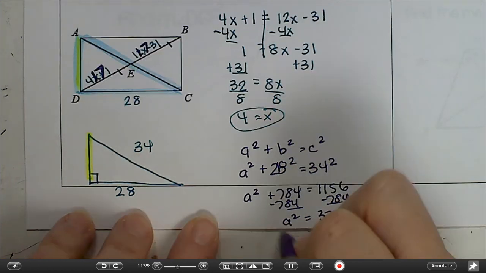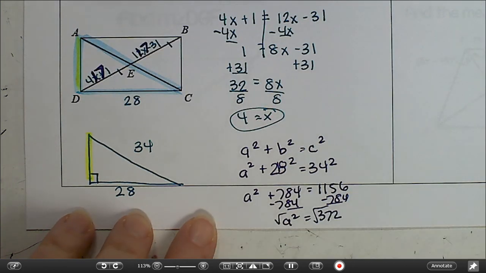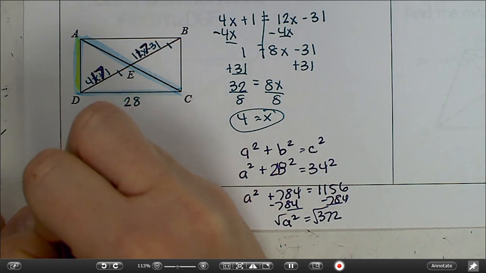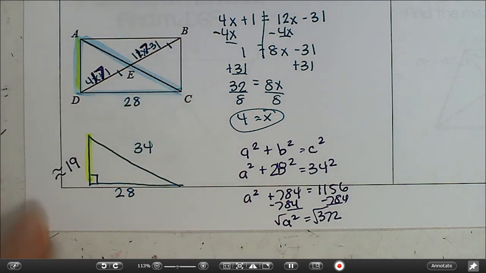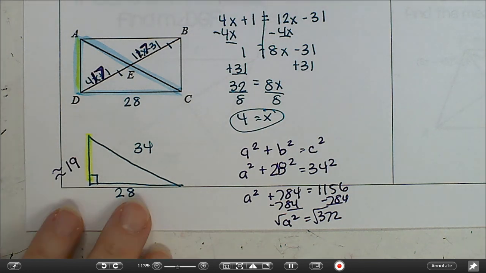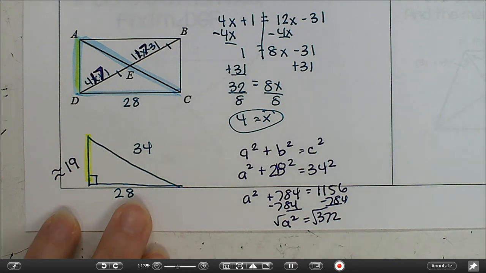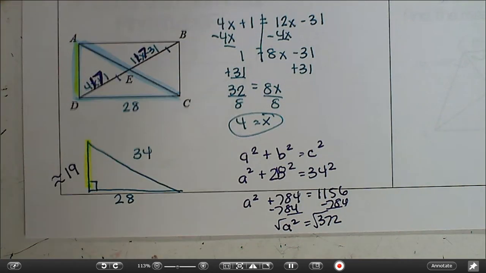And last step, you take the square root, is about 19. Hopefully you're good with that one. If not, make sure you ask me some questions.